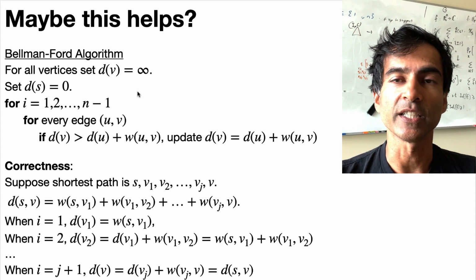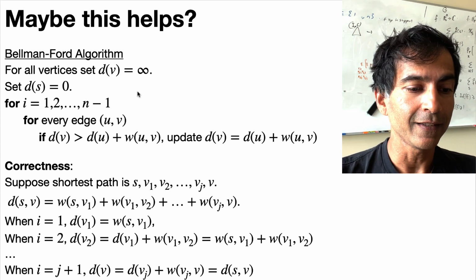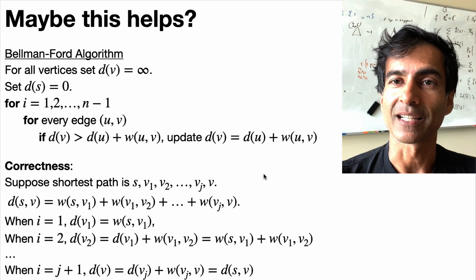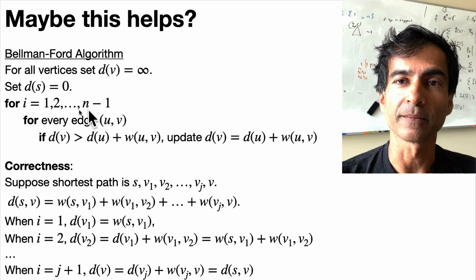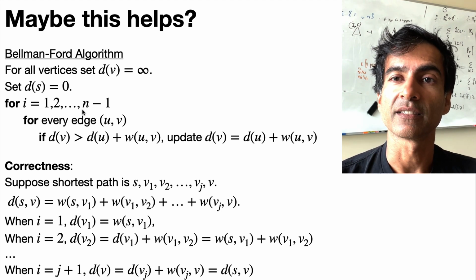That's the only reason we need to run it n times. If we knew that all the shortest paths involved only k edges, for example, then we could just do k rounds here, and the algorithm would find all the shortest paths.